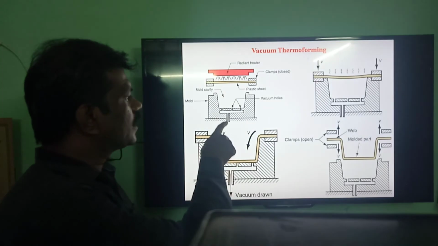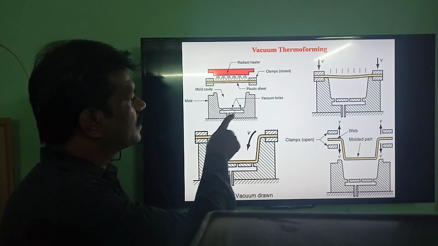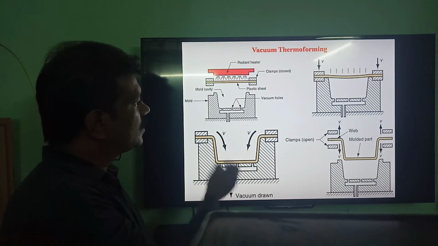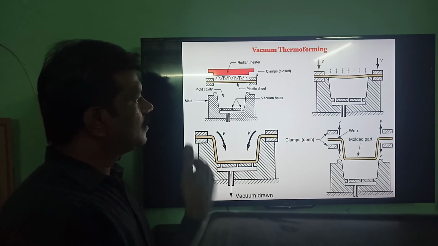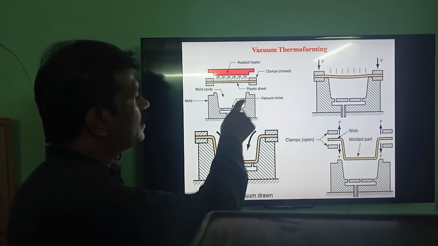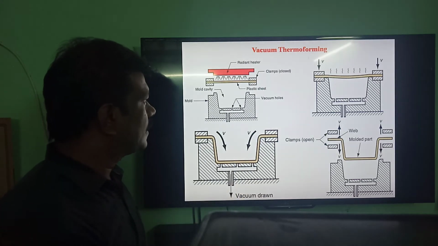At the bottom there will be vacuum holes. These vacuum holes are connected to a vacuum, so that the gap between the formed material and the mold can be avoided.